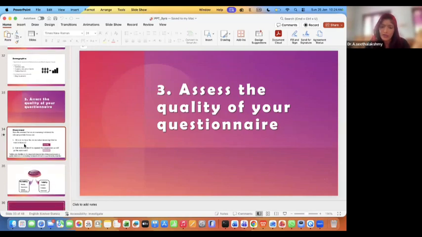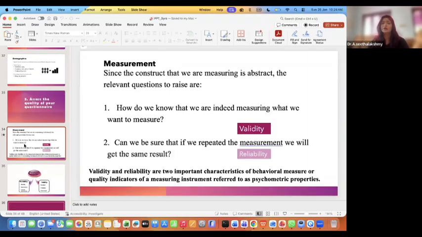How to check the quality? The first and foremost thing to look into is validity as well as reliability. Validity means, if I am measuring anxiety, the questions that I have framed are related to anxiety, not to stress.